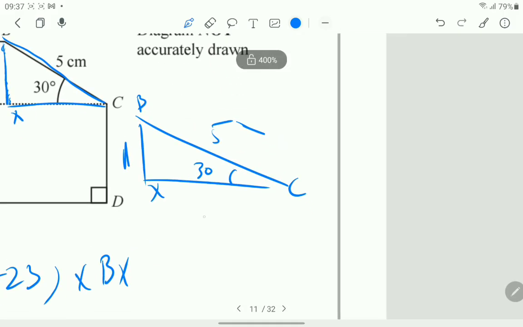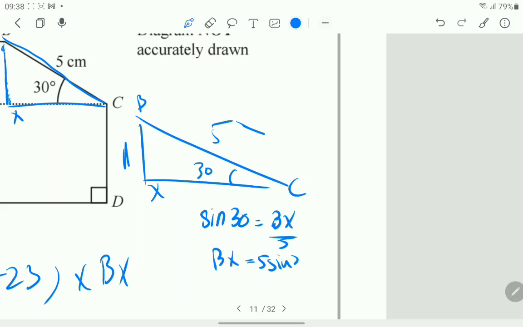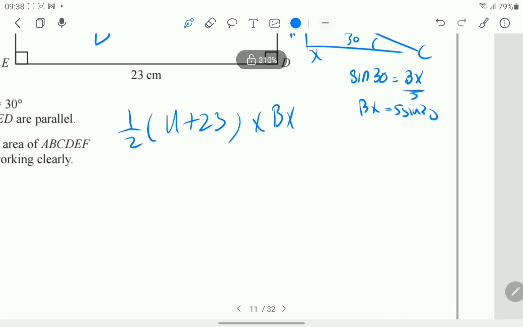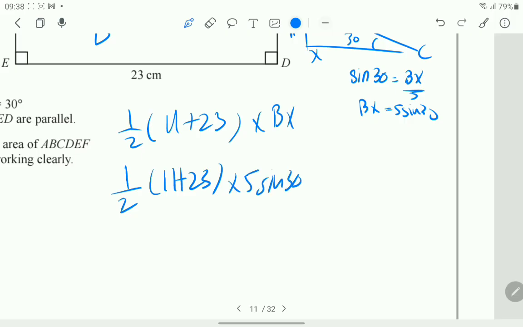So sine 30 equals BX over 5. So BX would be 5 sine 30. So plugging it into the formula for area, we have half of 11 plus 23 times 5 sine 30, and putting it in the calculator gives us 42.5.